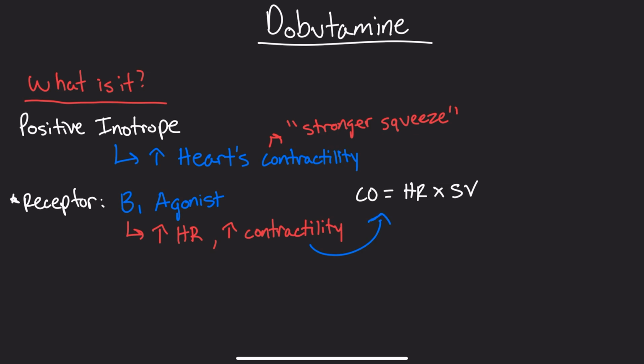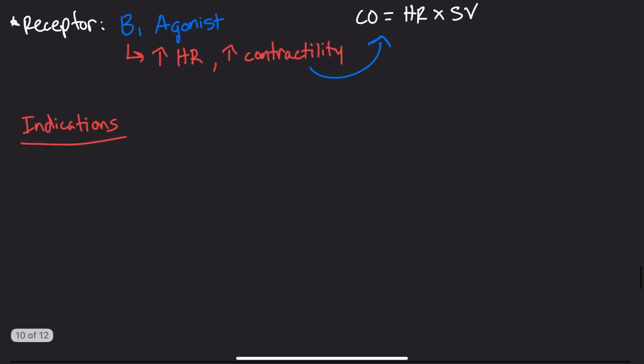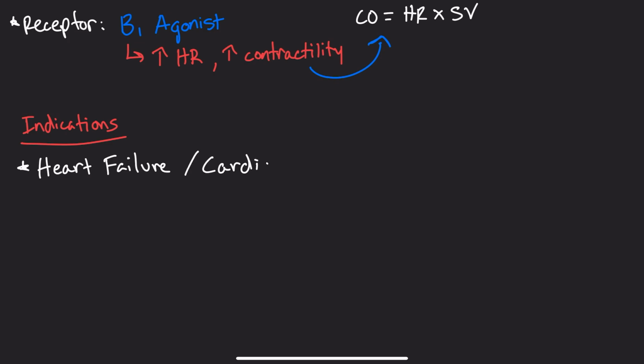As far as some indications for why dobutamine is used, primarily and probably the most common is going to be heart failure and cardiogenic shock. Remember, cardiogenic shock is just a progression of heart failure, right?